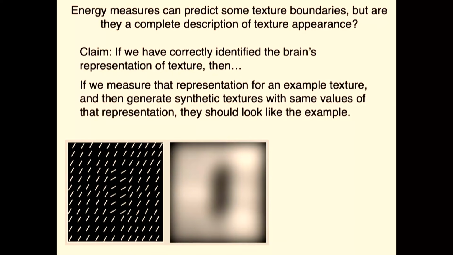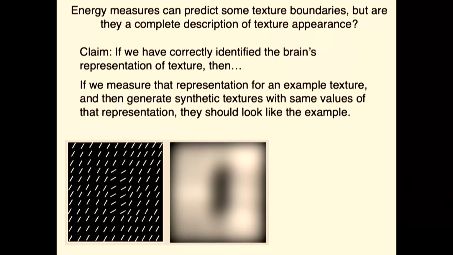All right, so then we pivoted to this question of whether these very simple models, based on the ingredients that we think of as being present in V1, can actually account for the way that textures look.